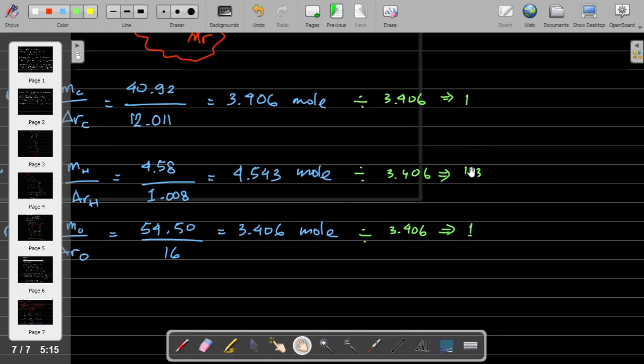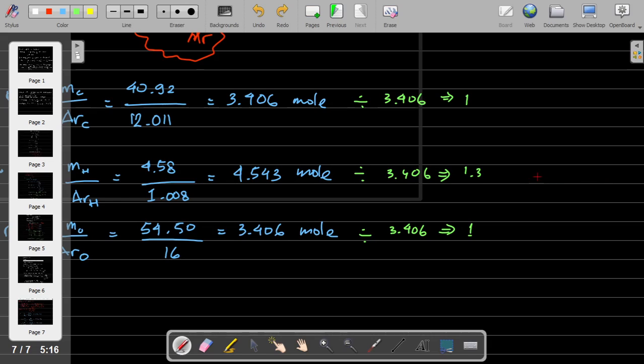Because this is 1.3, we cannot make it 1, because 0.3 is too high. It would differ if we got 1.003, so we could make it 1, but in this case the decimal is still high.